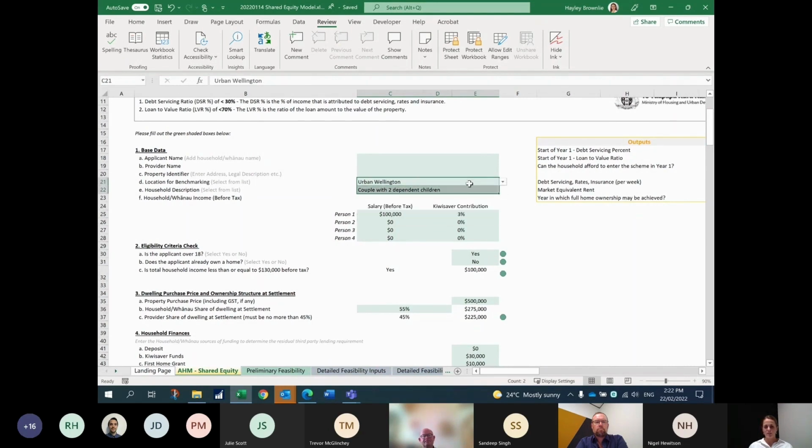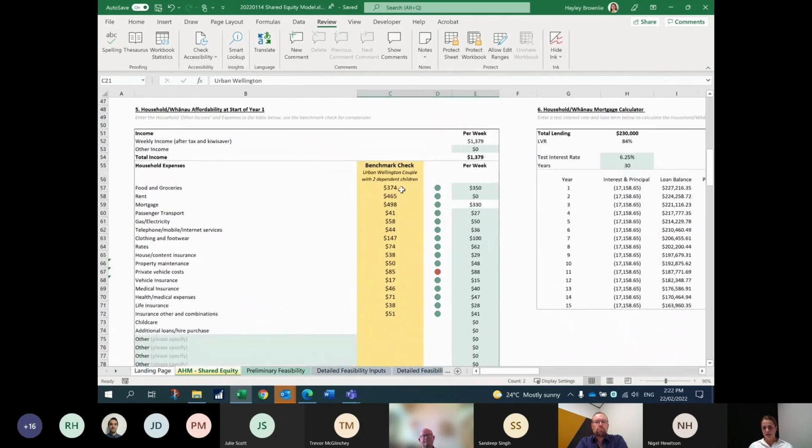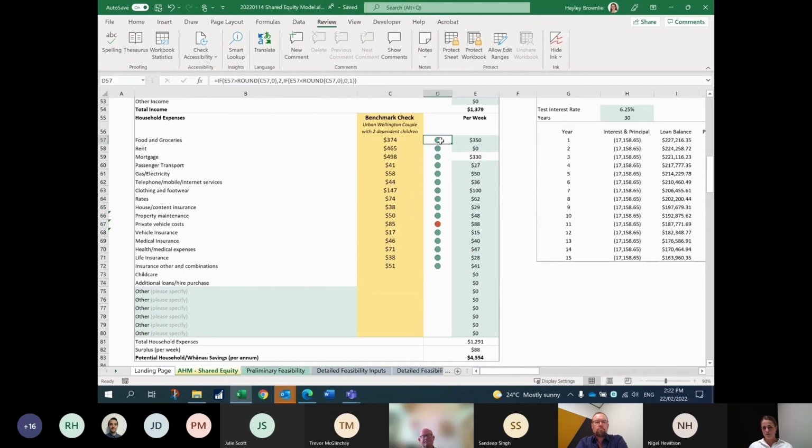These 2 drop-downs drive the benchmark numbers that come through here, and you can use this traffic light system to see how what you're inputting aligns with industry data, as a bit of guidance.